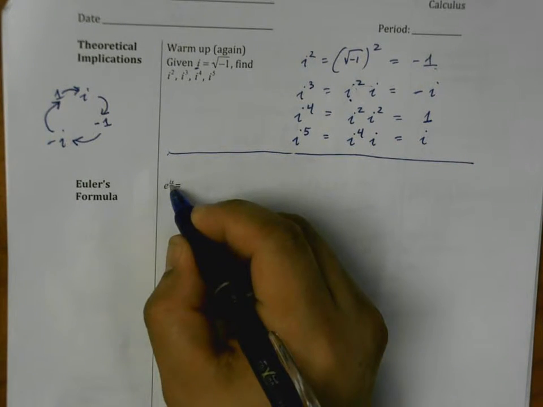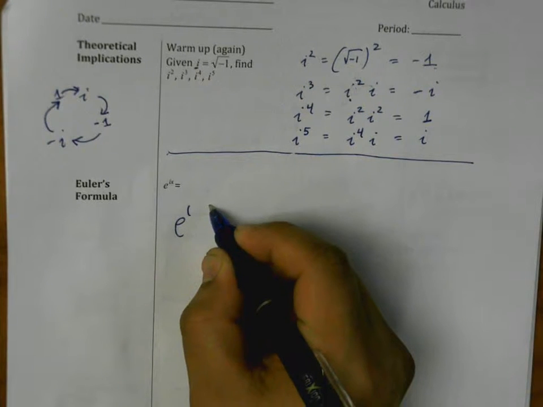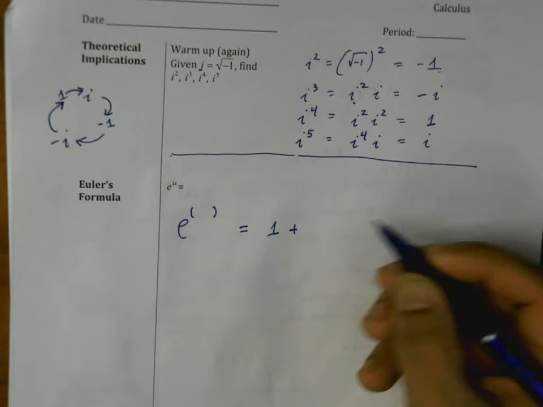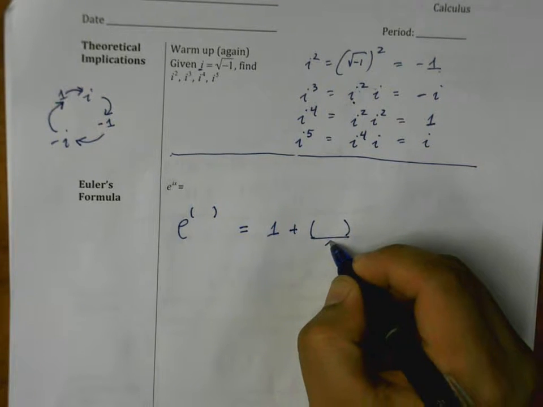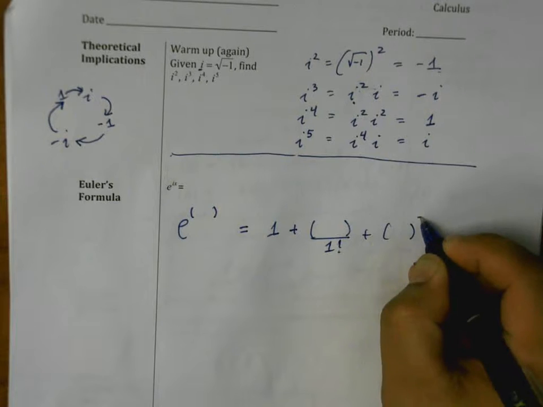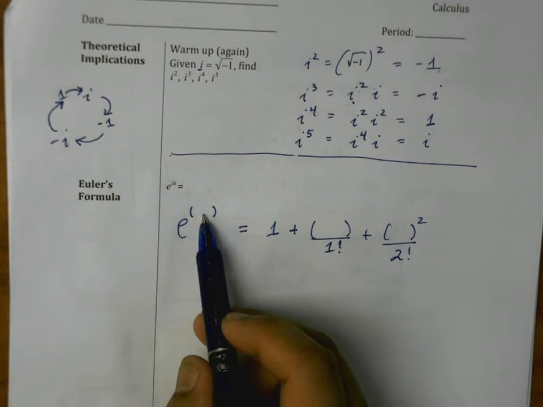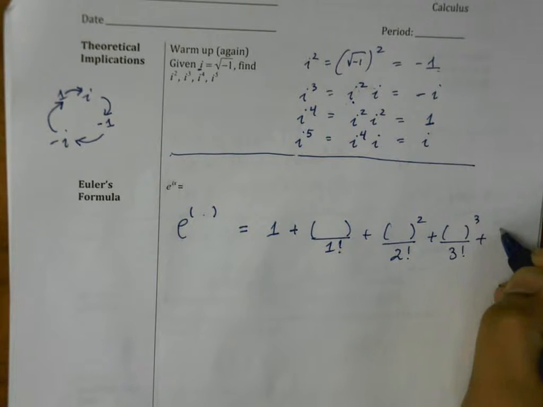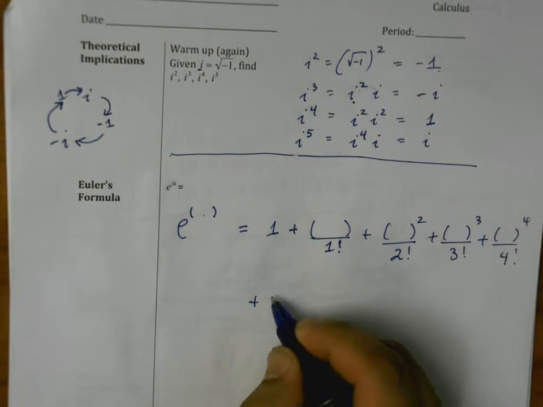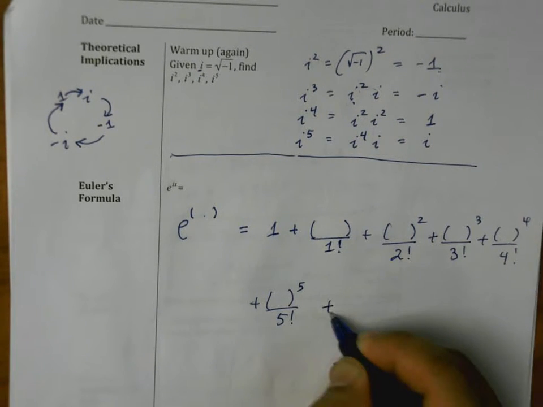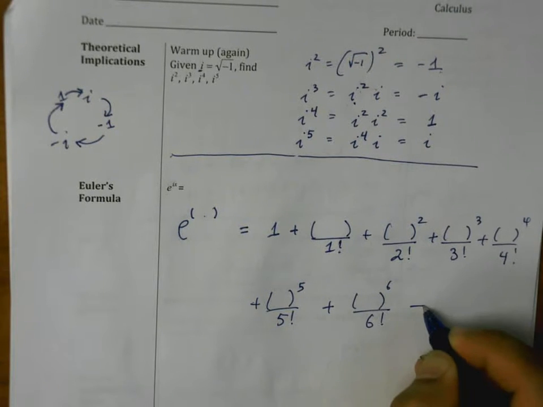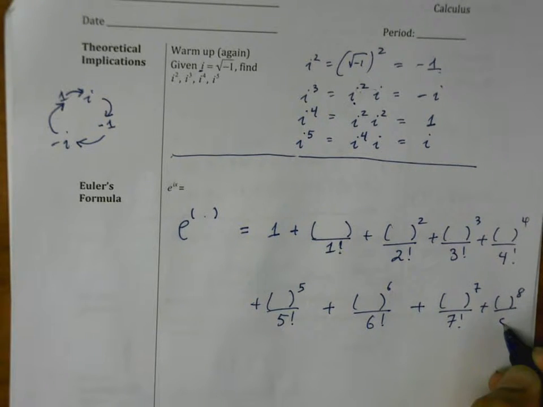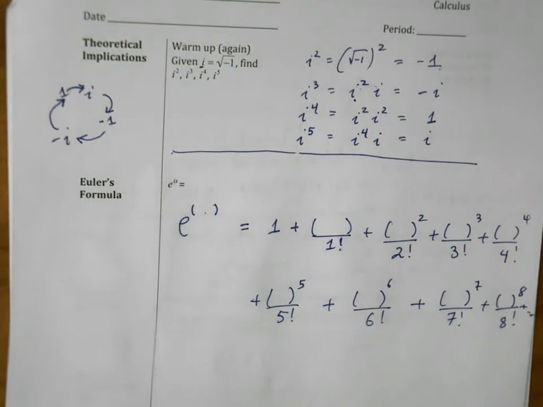Remember that e to some exponent is equal to 1 plus the exponent over 1 factorial plus the exponent squared over 2 factorial plus the exponent cubed over 3 factorial plus the exponent to the fourth over 4 factorial plus the exponent to the fifth over 5 factorial plus that to the 6th over 6 factorial plus that to the 7th over 7 factorial plus that to the 8th over 8 factorial, and so on.